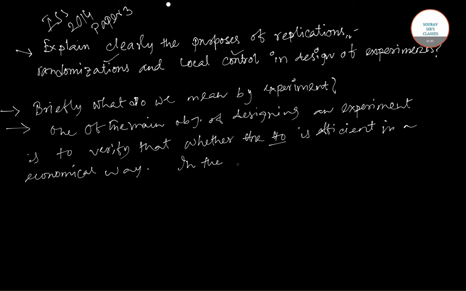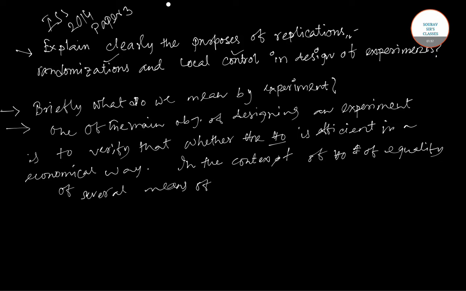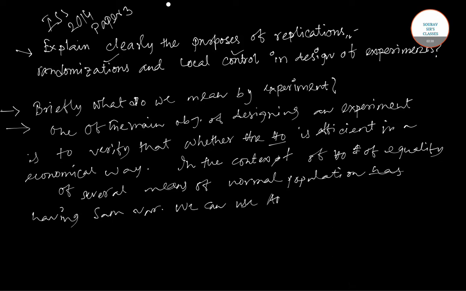In the context of a null hypothesis of equality of several means of normal populations having the same variance, we can use ANOVA, which is analysis of variance.